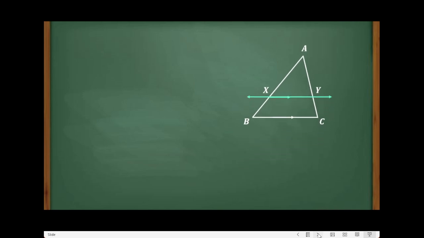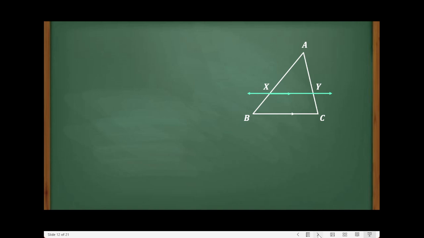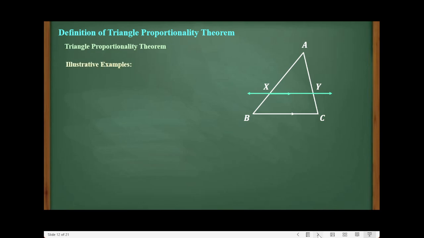Now, to further understand the theorem, let us have an illustrative example. Suppose we are using the same figure, but the givens are: it is still assumed that line XY is parallel to segment BC, which is the third side.